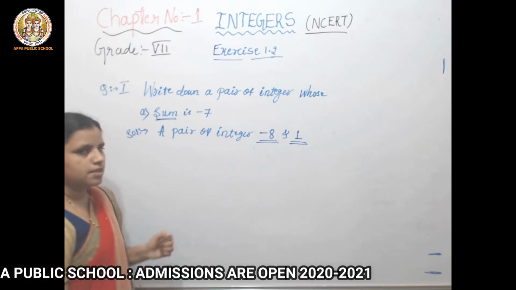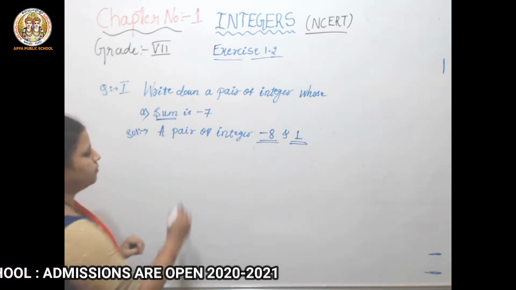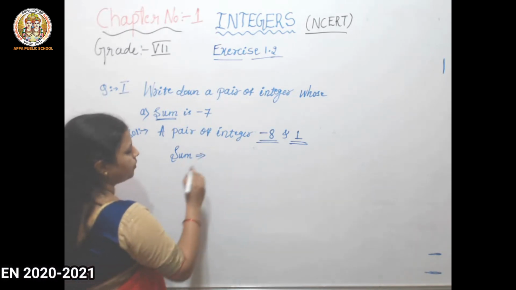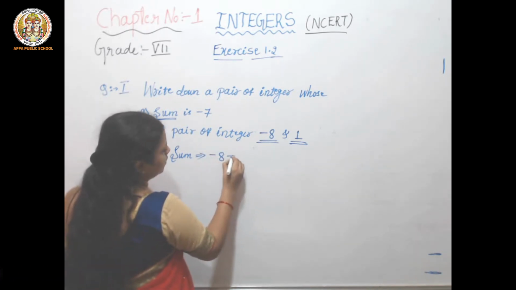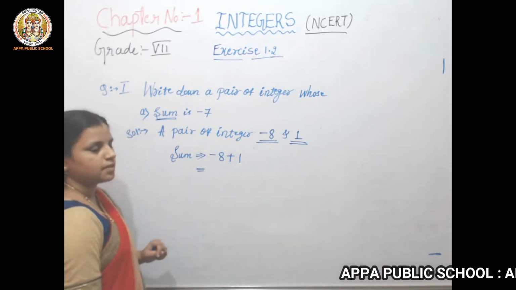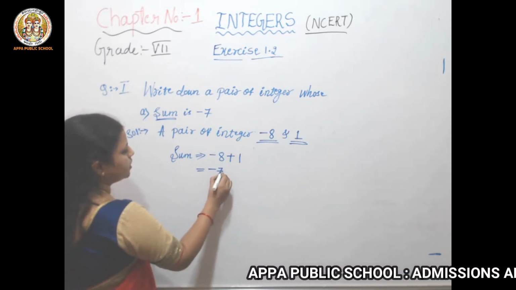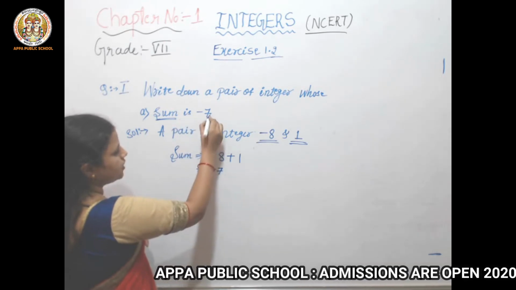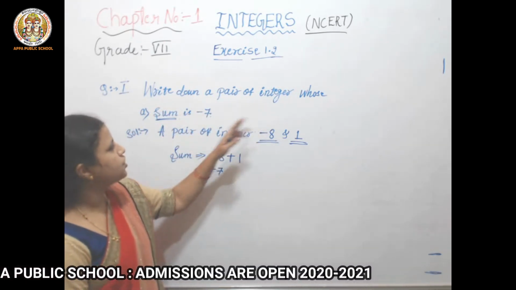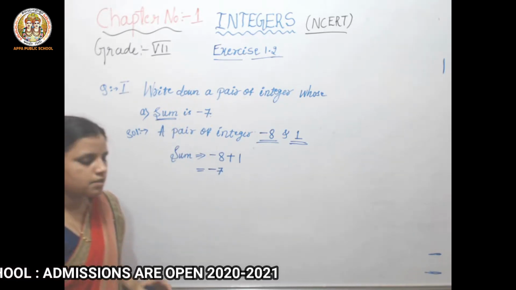Why? As they said sum, sum is nothing but plus. Minus 8 plus 1 is minus 7. So this is our condition, sum is minus 7.